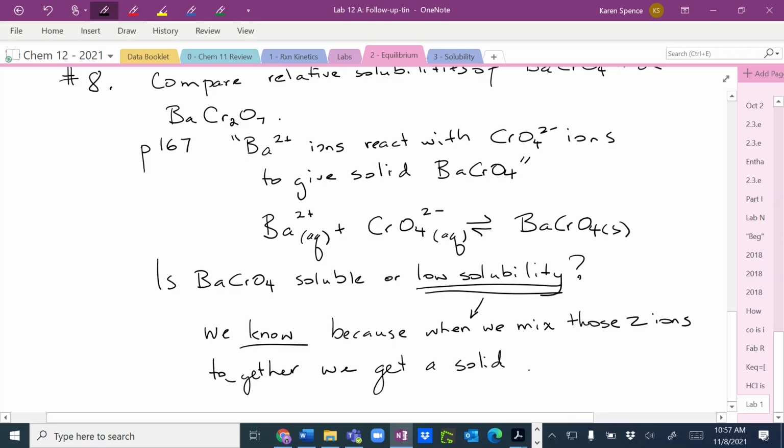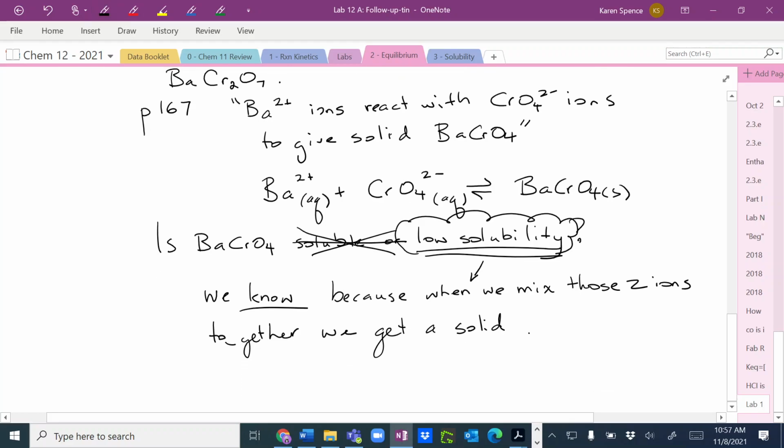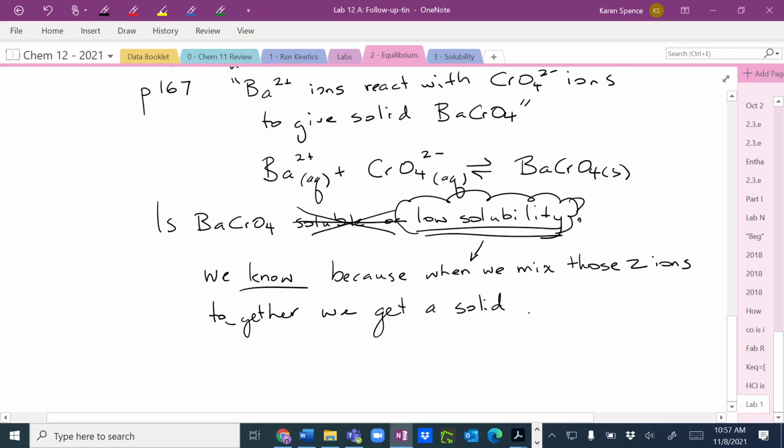Now, because it has asked us to compare the relative solubilities, if BaCrO4 is low solubility, what does that imply that barium dichromate is? It's soluble, yeah, okay? Okie dokie.